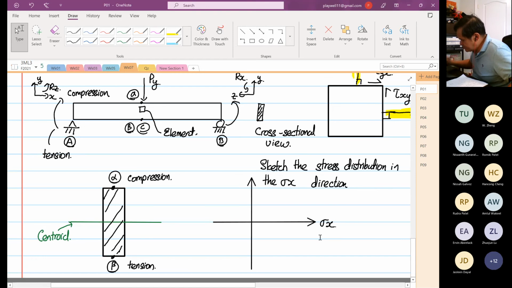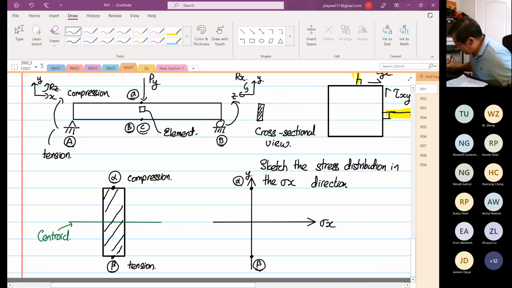This vertical axis is our Y. Basically, this is where our point alpha is, and over here, this is where our point beta is.